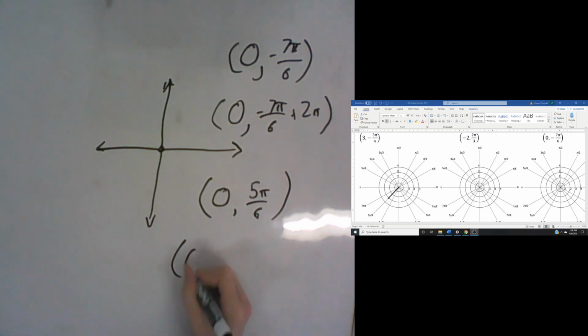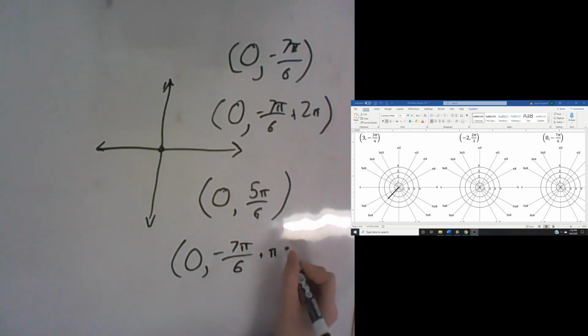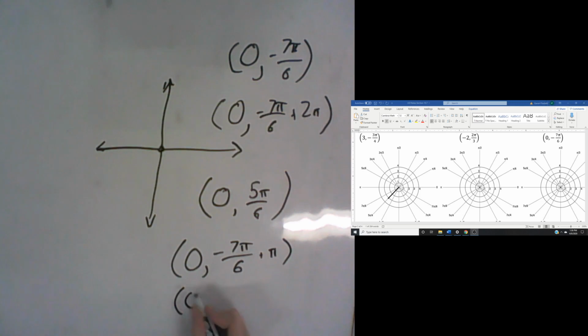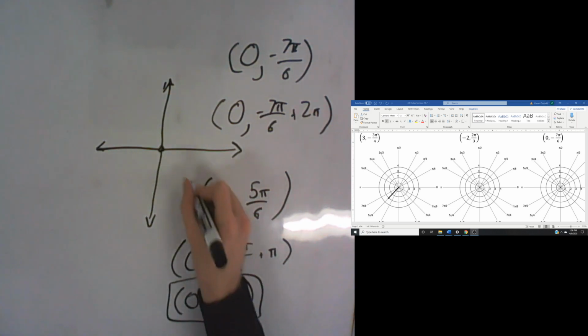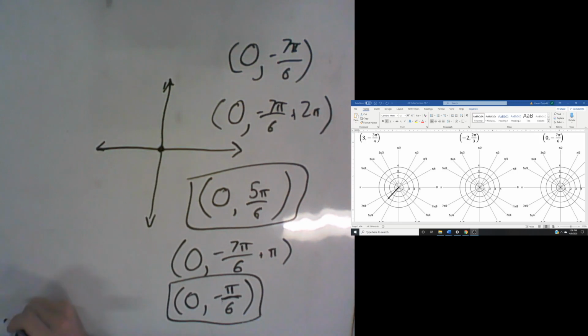And if we did 0, 7 pi over 6, plus pi, we would get a lovely 0, and this would become negative pi over 6. Okay? So basically the only thing changing is our angle. We'll get that plotted point right in the middle.